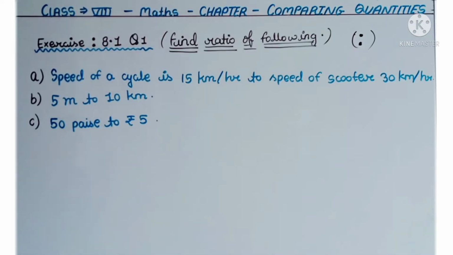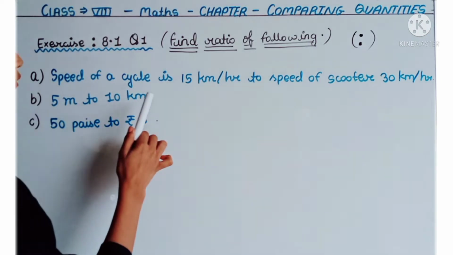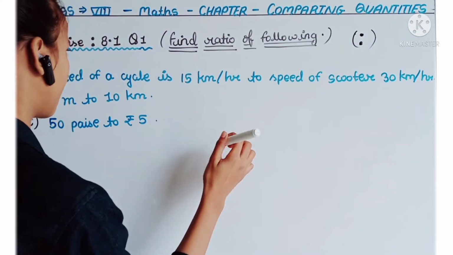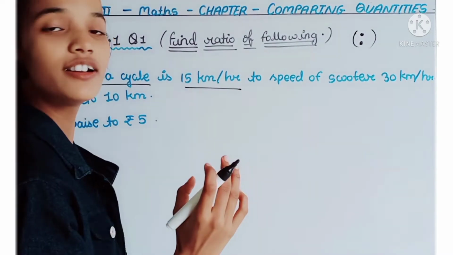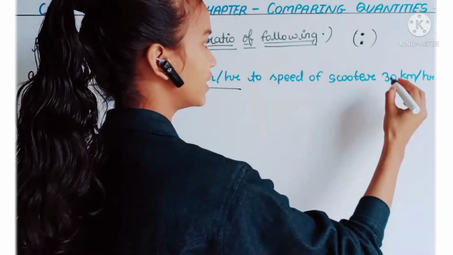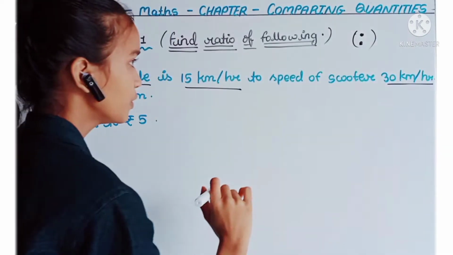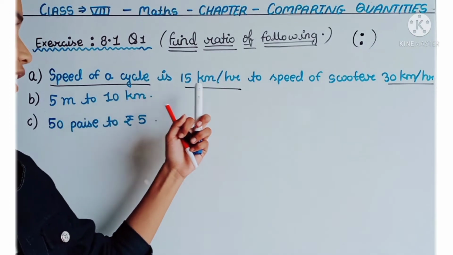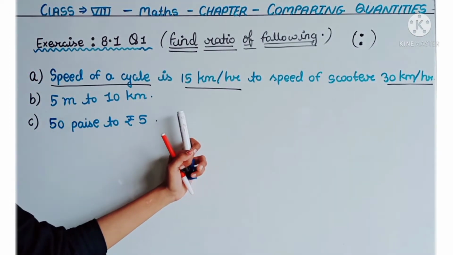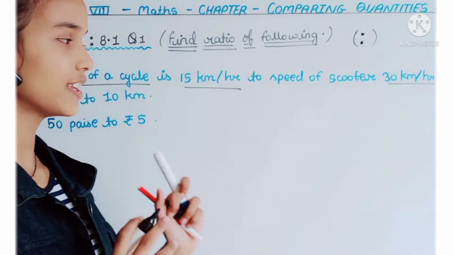The first one is: the speed of the cycle is 15 km per hour and the speed of the scooter is 30 km per hour. We have to find the ratio of the speed of the cycle and the speed of the scooter, that is 15 km per hour and 30 km per hour.